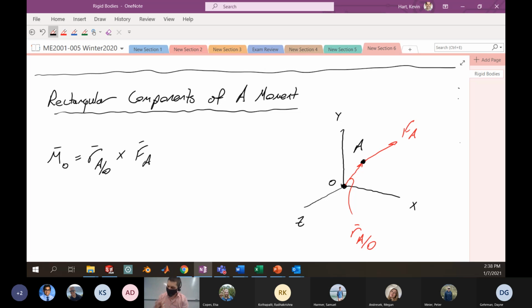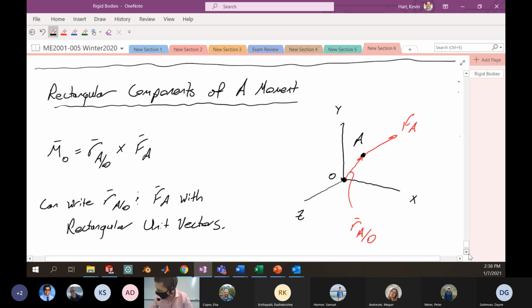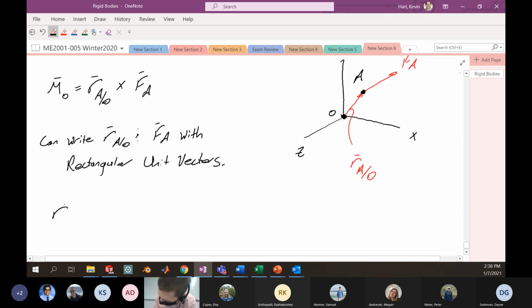Okay. I know that I can break each of these down into rectangular components. Specifically, I could say that RAO is Rx in the i hat plus Ry j hat plus Rz k hat.